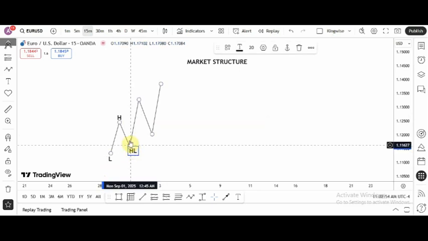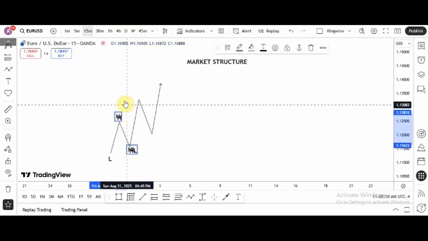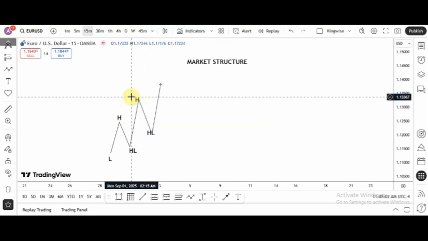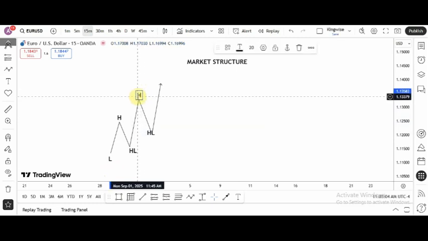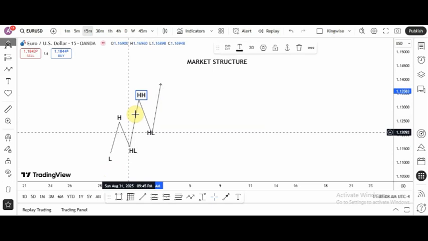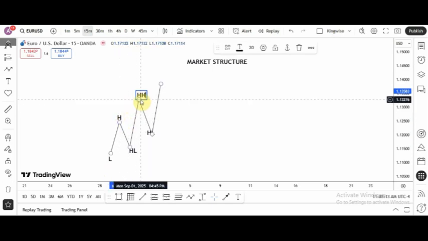Now this higher low produces a new high, and we call this high a higher high because it is higher than the previous high.